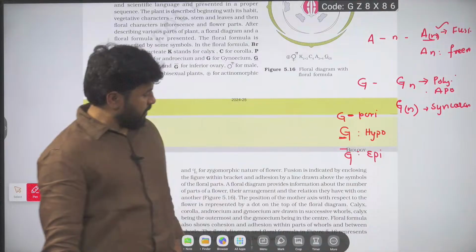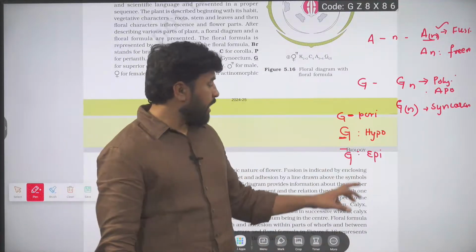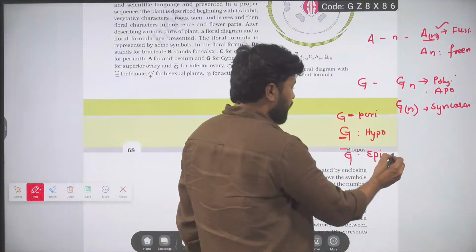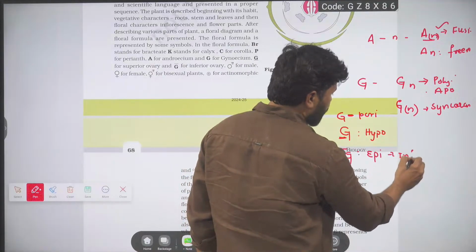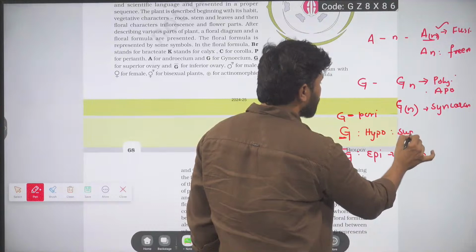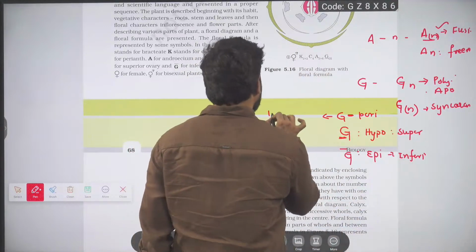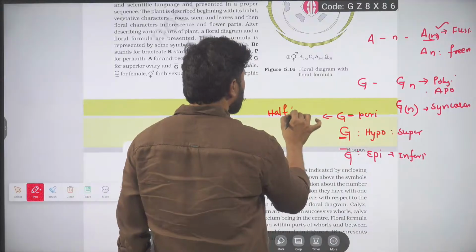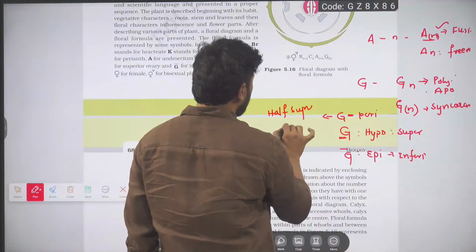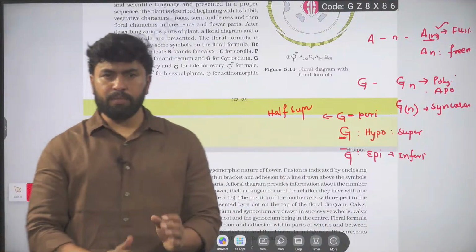In this case, epigynous flowers will generally have inferior ovary. Hypogynous flowers will have superior ovary. Perigynous flowers will have half superior and half inferior gynoecium. These are the symbols.